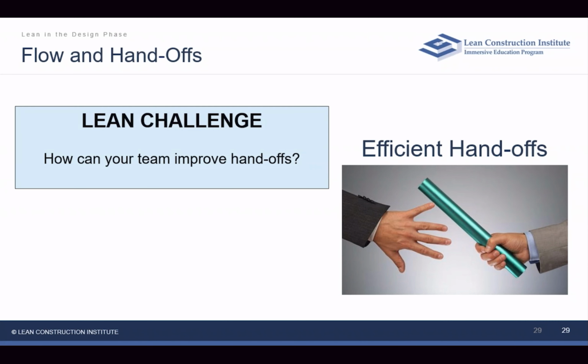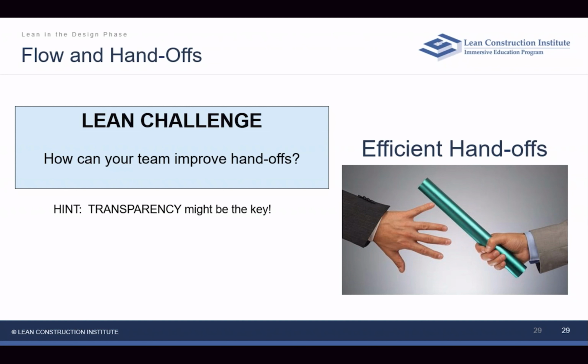So again, I challenge everyone with a lean challenge: how can your team improve at handoffs? And I'm going to give you a little hint. I'm seeing a lot of success, and I think everyone will find success, if they create higher levels of visibility and transparency as a key to getting there.